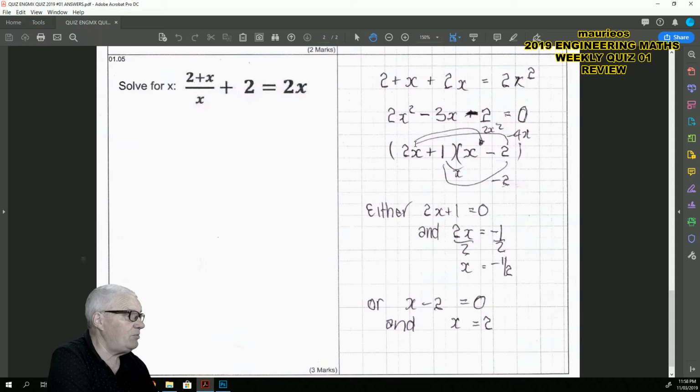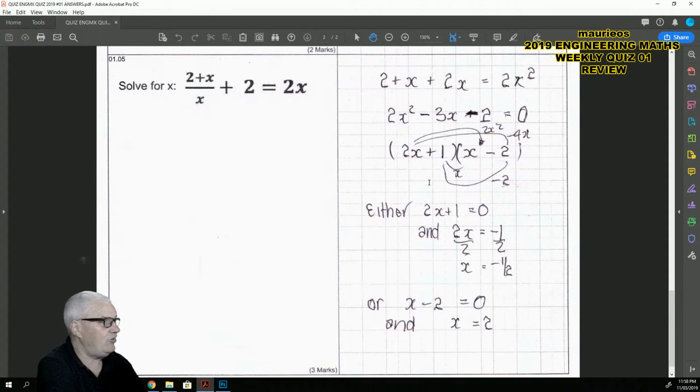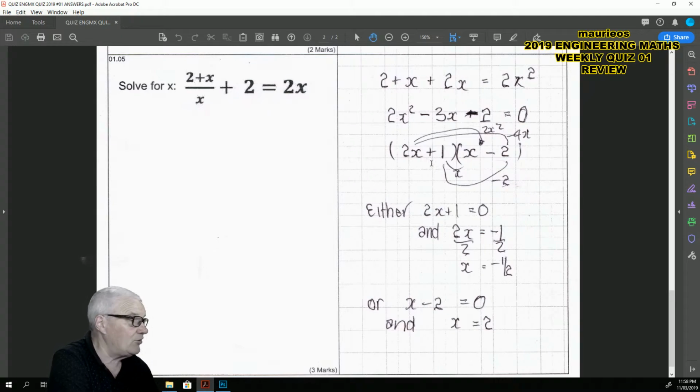So it's got to be 2x and x, and then 1 and 2. We'll just have to experiment to see how it goes. 2x times x gives us the 2x squared. Then I've got 2x there and a 2, so I'll make that minus. That gives me minus 4x plus x, which is negative 3x, and that gives us the minus 2. So there we are, I've put it back into brackets.